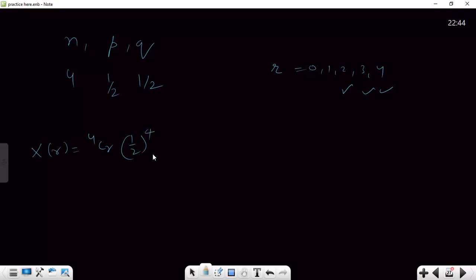So the answer can be given by X taking more than one value. In this method also we can find the answer, but there's a more efficient method: just finding X equal to 0 and X equal to 1, and then subtracting it from 1.